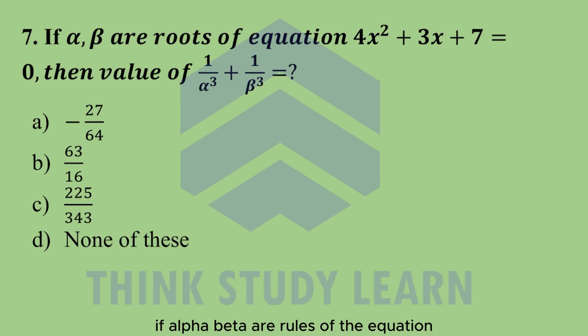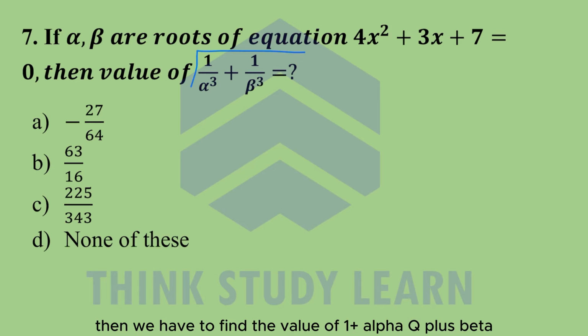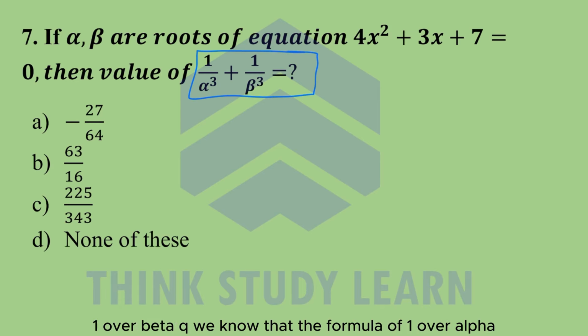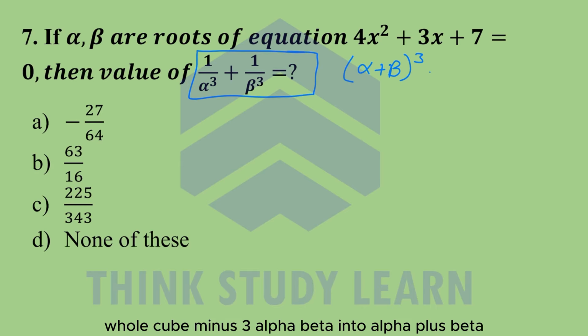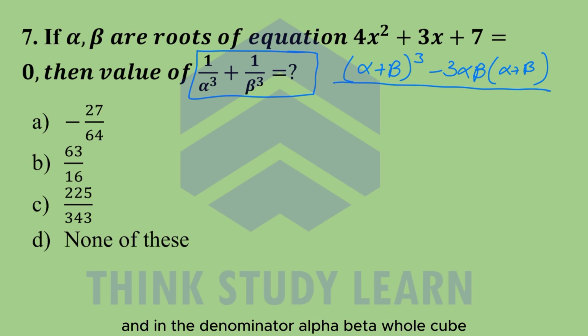If alpha, beta are roots of the equation 4x square plus 3x plus 7 is equal to 0, then we have to find the value of 1 over alpha cube plus 1 over beta cube. We know that the formula of 1 over alpha cube plus 1 over beta cube is equal to (alpha plus beta) whole cube minus 3 alpha beta into (alpha plus beta), and in the denominator (alpha beta) whole cube.